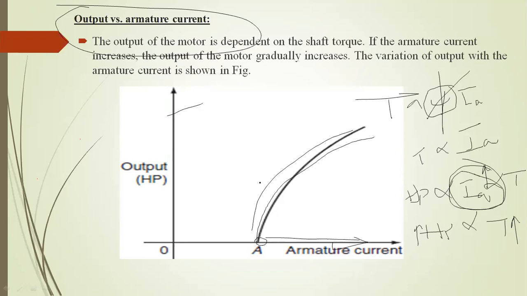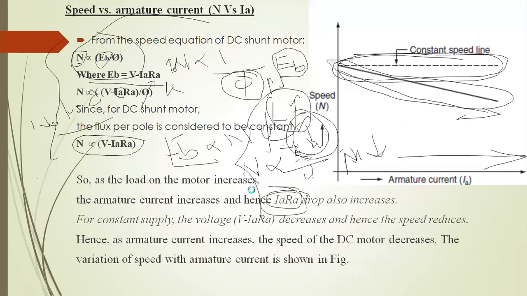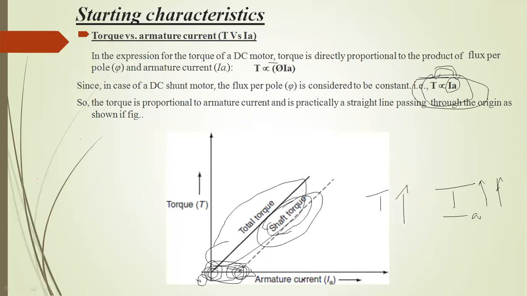Just check these characteristics. It is going to increase gradually when the armature current is increased. But as we have seen earlier, the torque and the armature current start at the origin, but due to the armature reaction, the characteristics are going to droop.